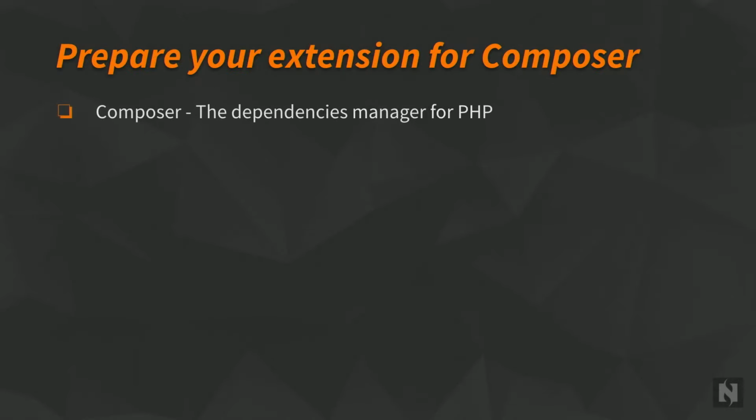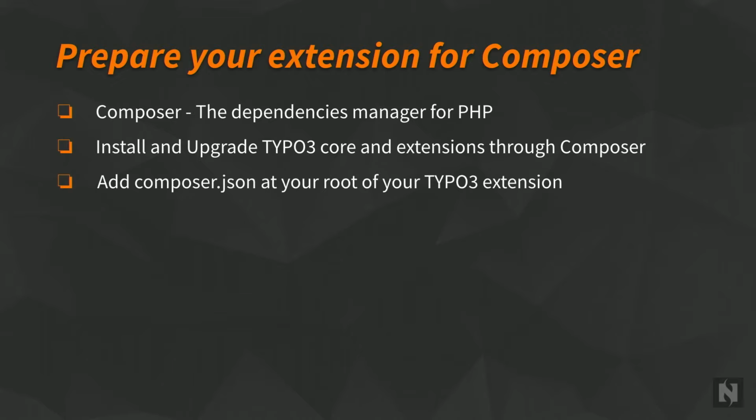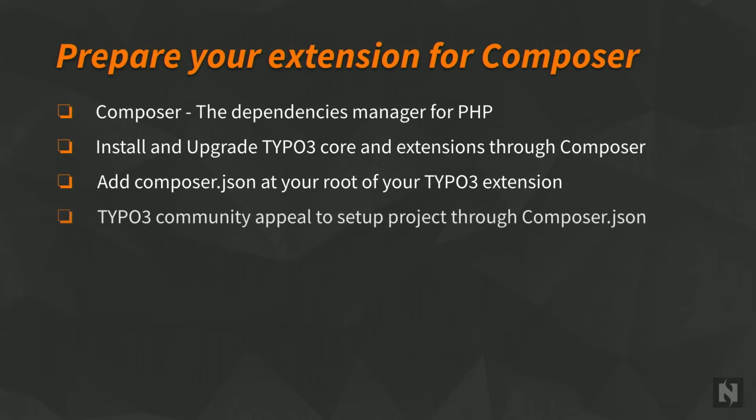So first of all, prepare your extensions for Composer. Composer, everyone knows, right? Oh, really? Yeah, I think a lot of sessions were already done on Composer. I don't want to go in depth. It's most useful for the installation and upgrade of your extension, as well as the TYPO3 core, of course. So you just need to put composer.json in your root, right?